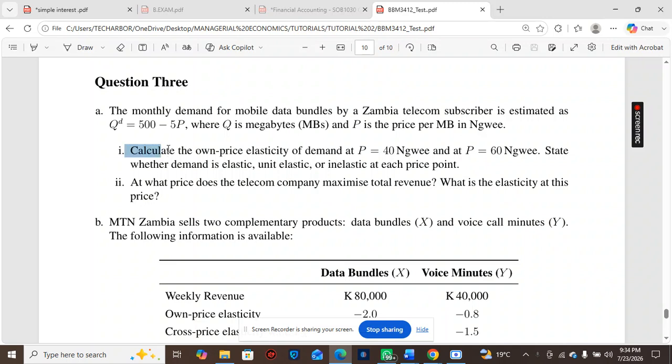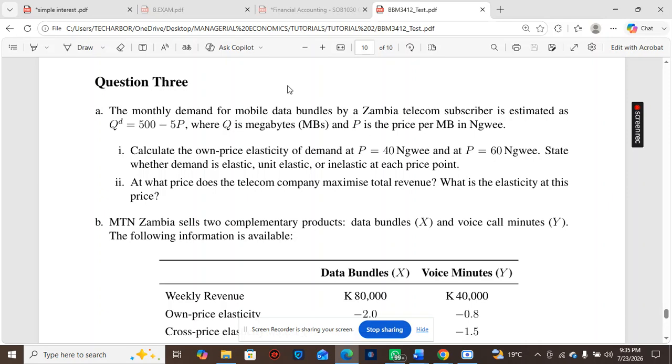So the first one, calculate the own price elasticity of demand at P equals 40 Ngwe and P equals 60 Ngwe. State whether demand is elastic, unit elastic, or inelastic at each price point.